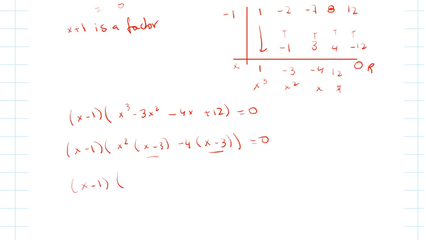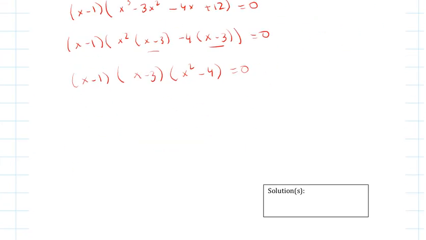Then I have to factor this quadratic, and that's a difference of squares. So it's going to be x plus 1, x minus 3, x plus 2, and then x minus 2.